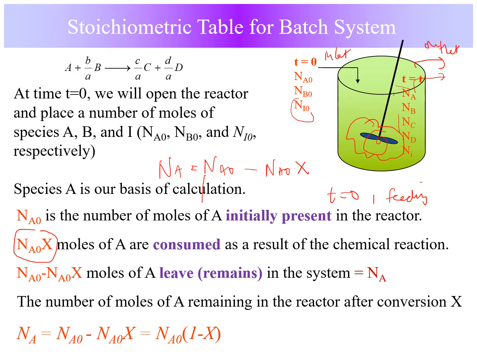This is the complete calculation for Na, the same as in the introduction of this topic, where I derived the equation Ca equals Ca naught times 1 minus X.